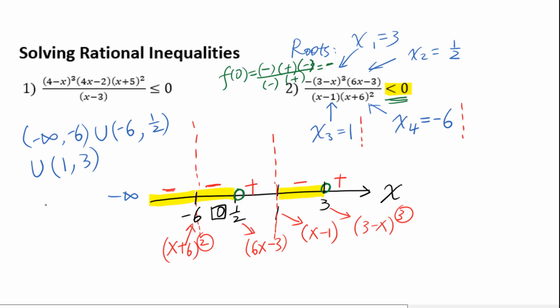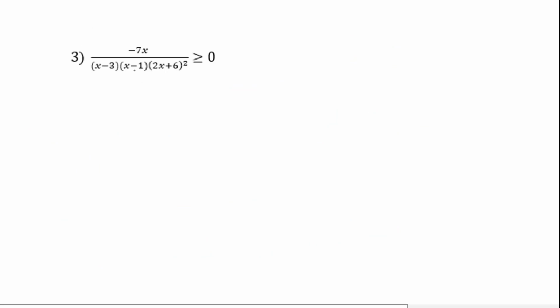If you want to write it in inequality form, that will be x less than negative 6, or x greater than negative 6 and less than 1 over 2, or x greater than 1 and less than 3. Let's go to number 3.